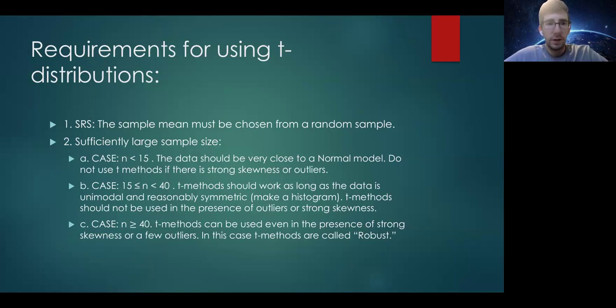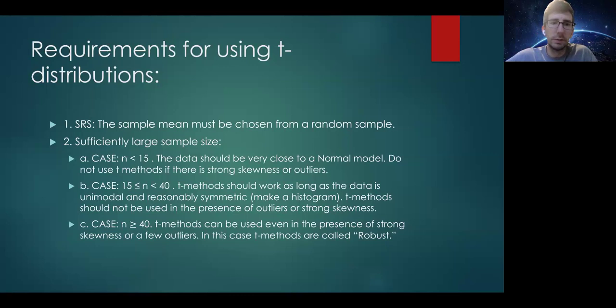If our sample size is at least 15, so if it's between 15 and less than 40, the t-method should work as long as the data is unimodal and reasonably symmetric. You can make a histogram to verify this.